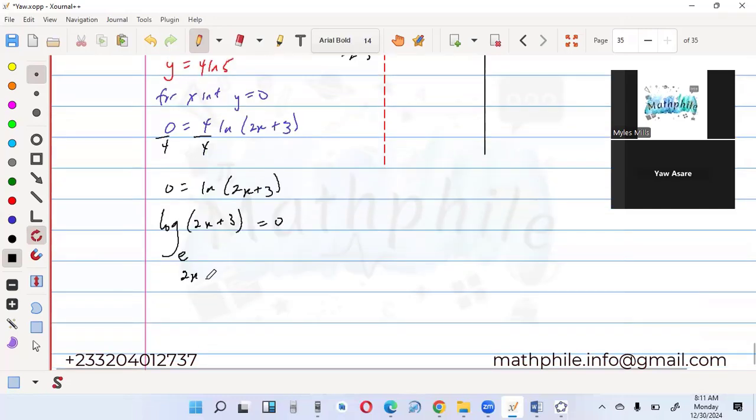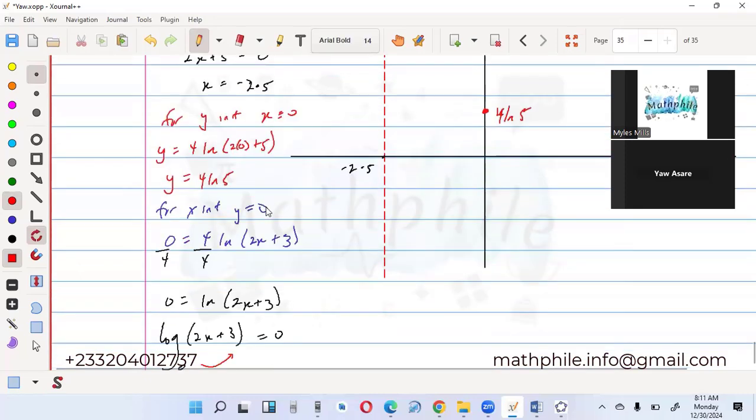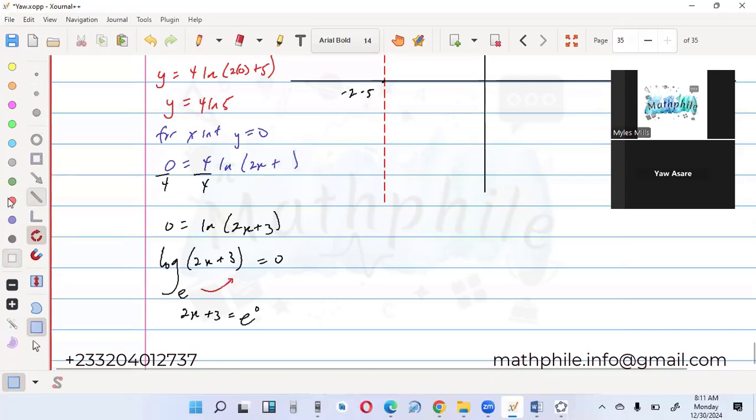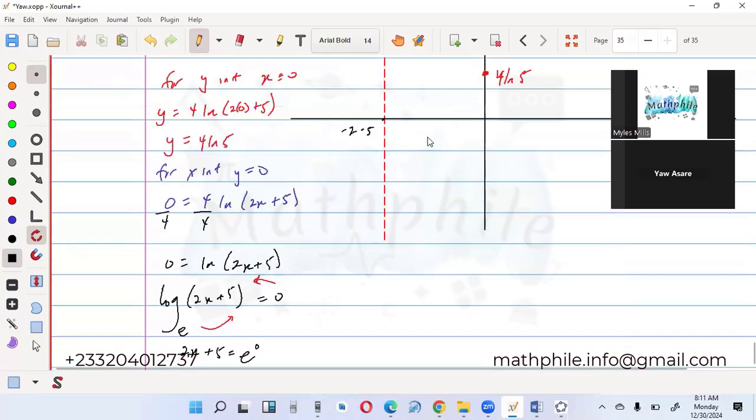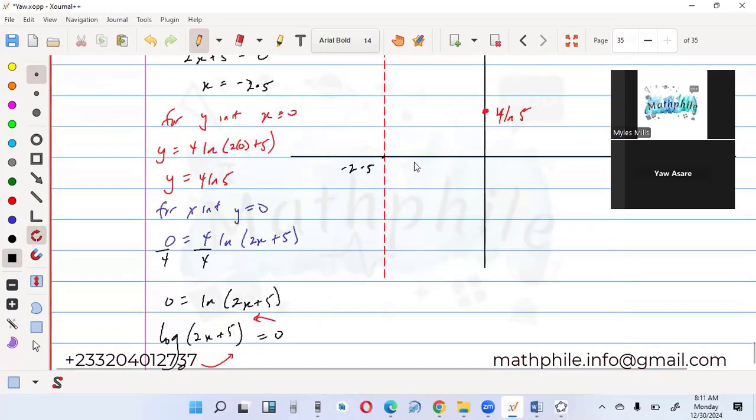So this will be 2x plus 5 equal to e raised to the power 0. So this will give you 2x plus 5 equal to 1, and 2x equal to negative 4, and x equals negative 2.